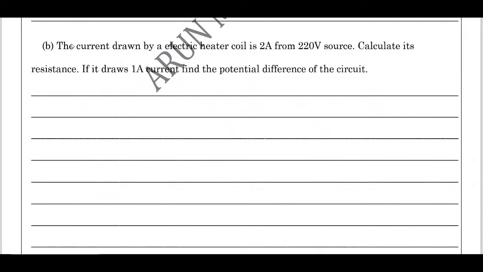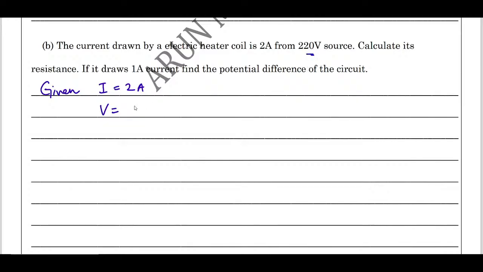So given I equals 2 amperes, voltage V equals 220 volts.